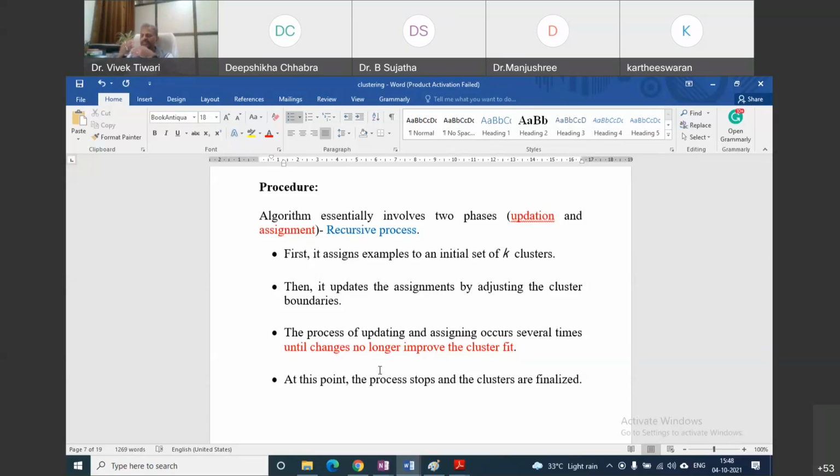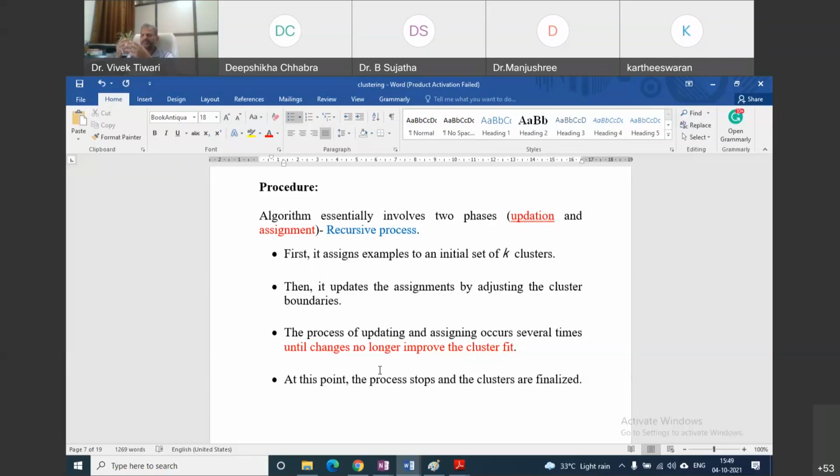But if continuously you are repeating the iterative process, but the cluster fit criteria is not improving, what is the meaning of continuing to follow the iterative process? We should stop it. What is the clustering fit criteria? Same, homogeneity and heterogeneity. So if through the iterative process, my homogeneity and heterogeneity, those two objective functions, are improving, we should continue.